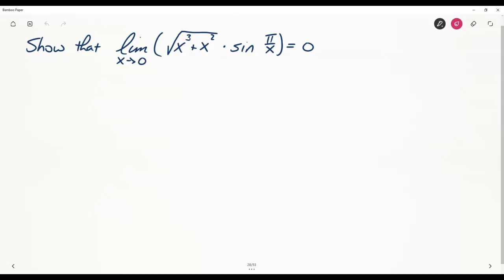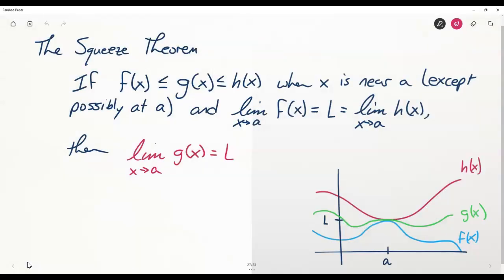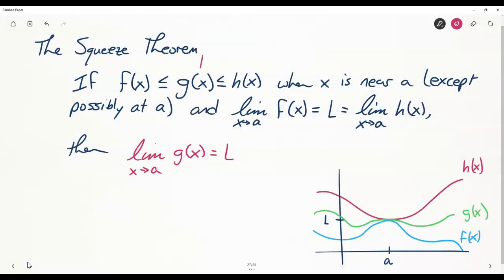And what we're going to try is, I would like this function, the one that I'm trying to find the limit of, to be this middle function right here. If I can find a smaller function and a larger function that bound that other function, maybe the smaller and the larger function are very easy limits to evaluate.